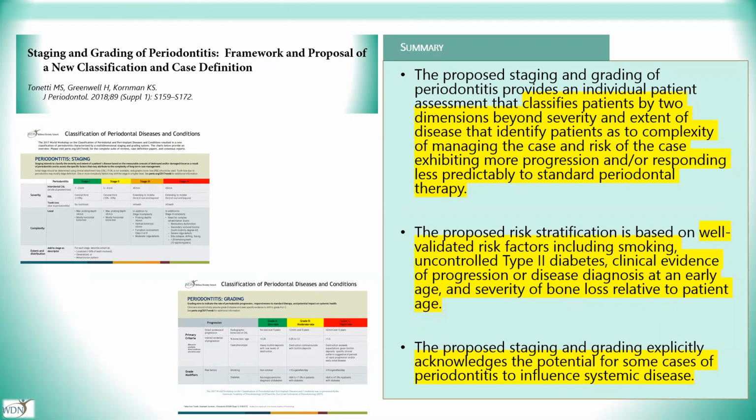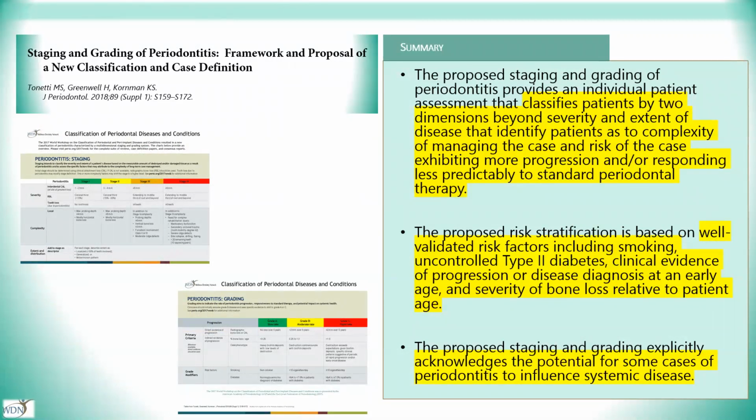And then the risk stratification is going to get stronger and stronger. We know that smoking is well validated. Type 2 diabetes is well validated, especially if it's uncontrolled, that it makes a big difference. And we have lots of clinical evidence also of disease progression at an early age can make a big difference.